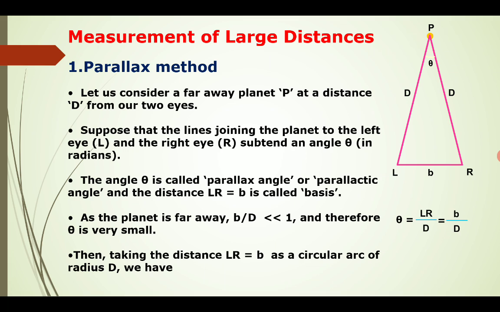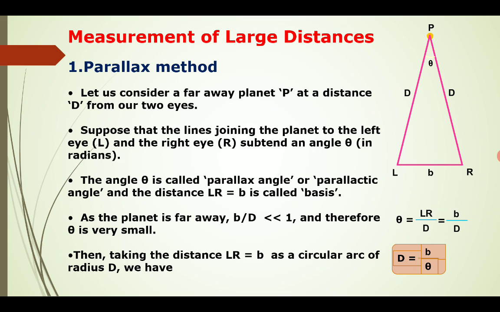So substituting the values, we have theta equals LR by D, and if we know the angle, in that case we can easily find out the distance D as capital D equals b by theta.